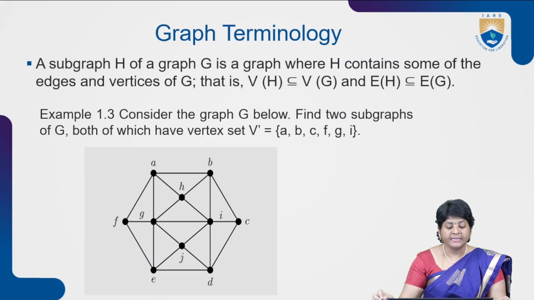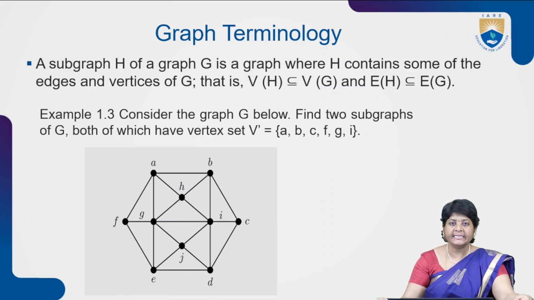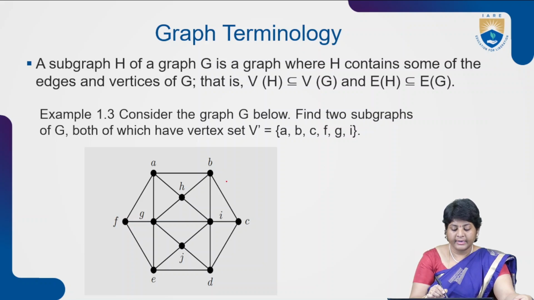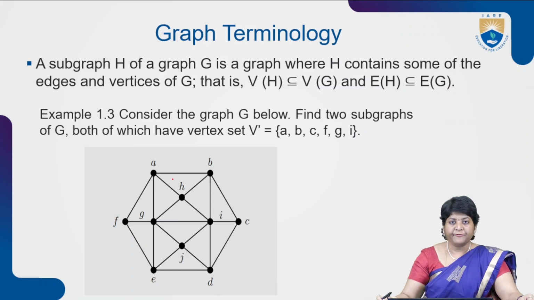In graph terminology, first we discussed graph, and now we are going to discuss the subgraphs present in the graph, which are subgraphs, induced subgraph, and spanning subgraph. So here is a definition.